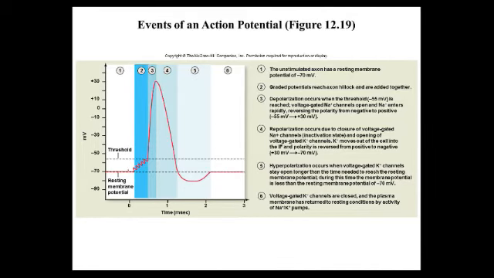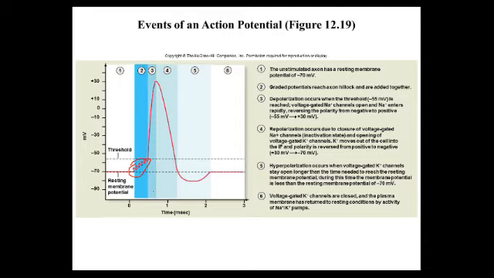All right, so right here, all of this is summation, isn't it? We're opening up what kind of channels right there? Chemically gated. What kind of ion? Sodium. How do you know it's sodium? Well, which way is the curve going?